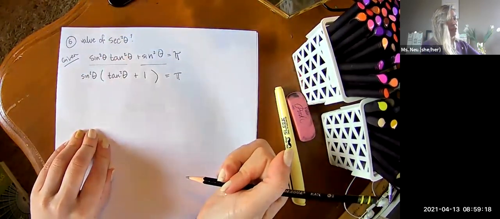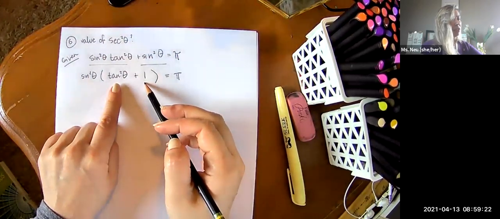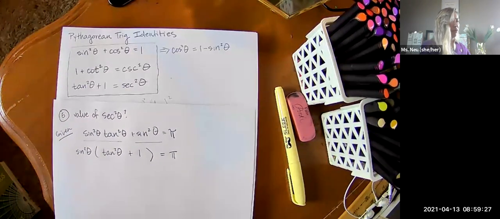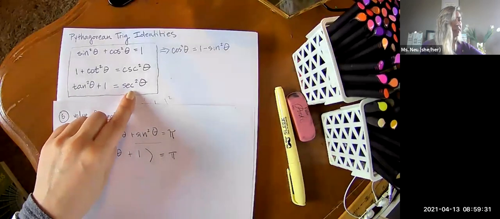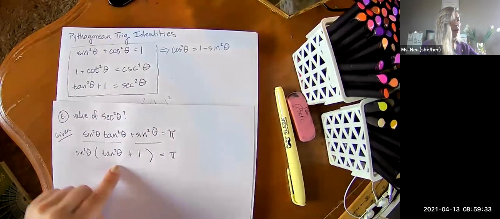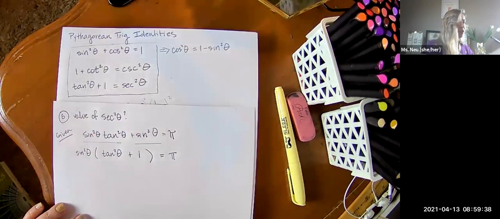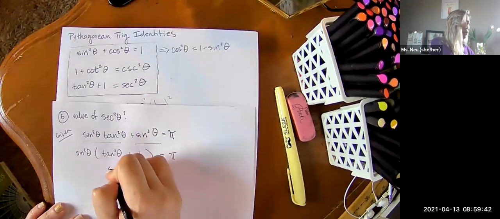Ooh, that's looking a lot better because tangent squared theta plus 1, right? Oh, it's right there. I don't even have to move stuff around. This is secant squared theta. Oh, that's what we want. Okay, so tangent squared theta plus 1 is secant squared theta.